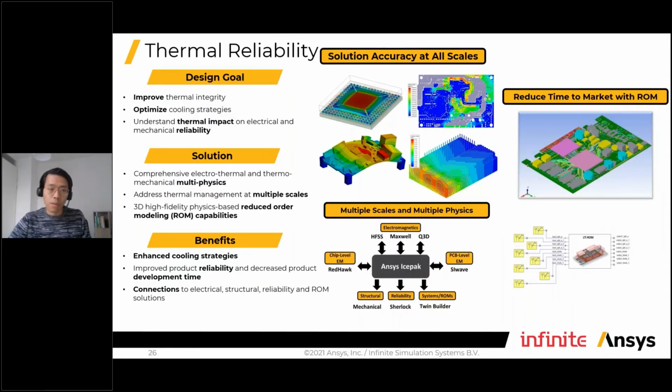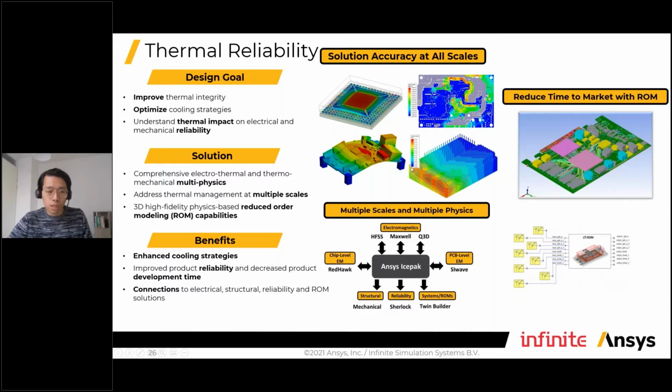Then we have thermal reliability. As devices get smaller and smaller nowadays, thermal issues become more and more pronounced, and that even affects our electrical performance. And even if it doesn't affect our electrical performance too much, you still don't want a hot spot on a particular point of your PCB board.